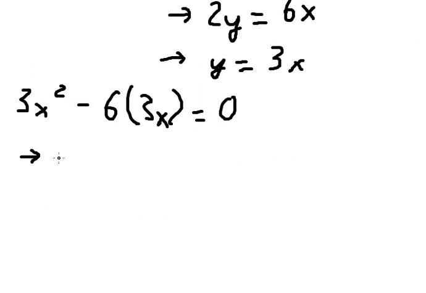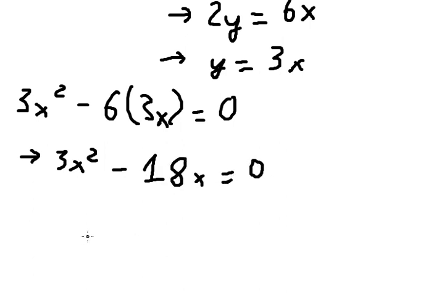Next, we have 3x squared minus 18x equals to number 0. And now we need to find the solutions of this one. And we have x equals to number 0 and x equals to number 6.